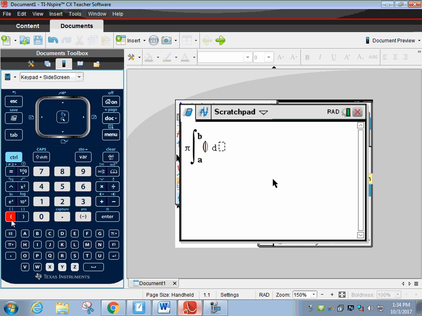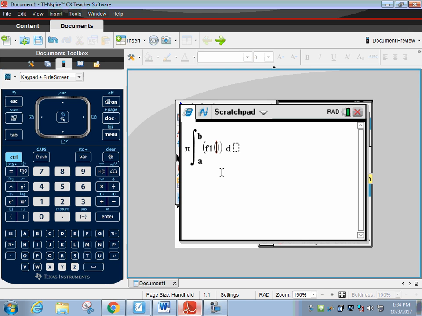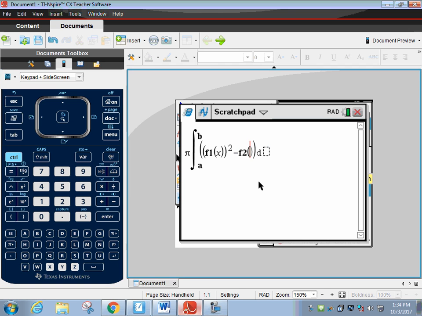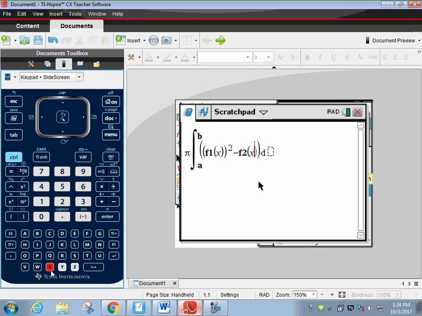Function, I think I have. Do I need another set of parentheses? I don't think it's going to write this, is it? Okay, put them in for me. X. Right there.